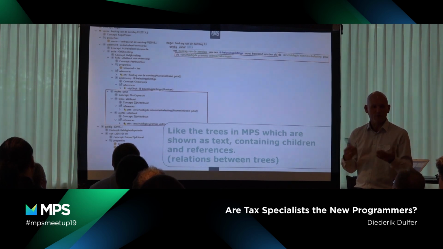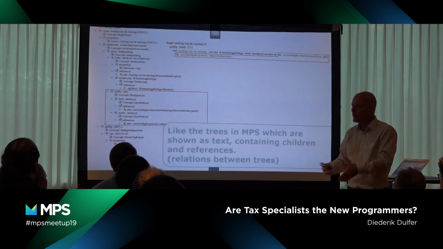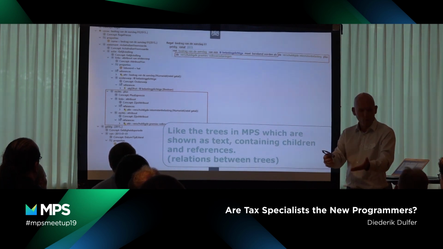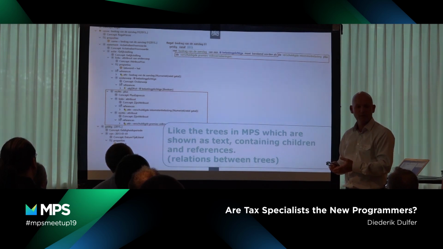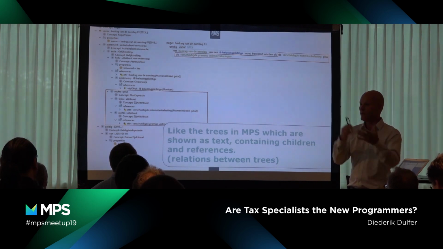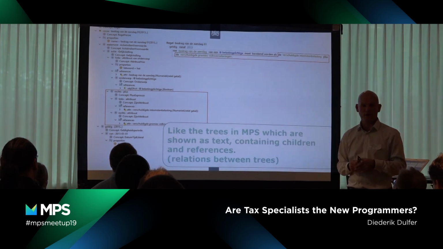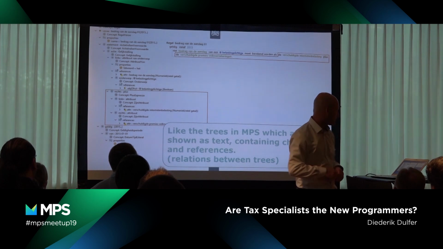Of course that's not strange, because when we program, we make abstractions of the real world and address that in code. And that's exactly what writers of legislation do. They look at the world, make abstractions, and write that down. So that's very, very similar.